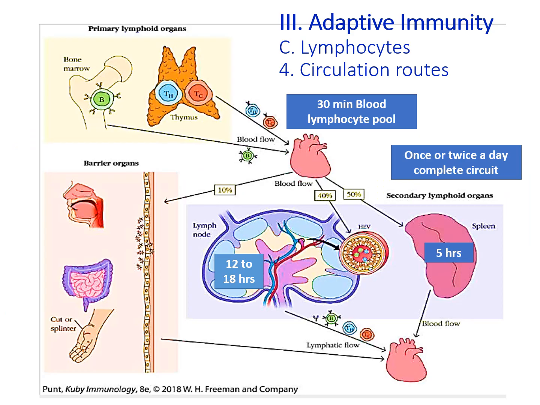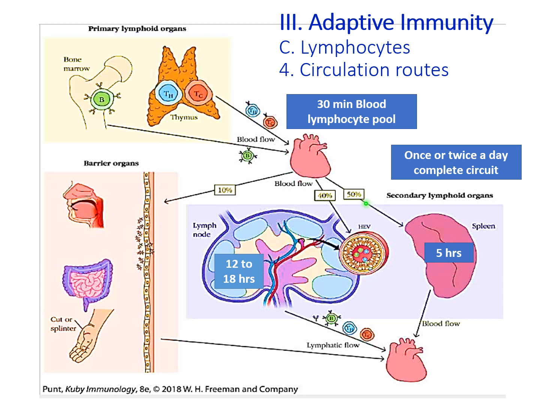Once mature, naive B and T cells enter the blood and distribute themselves throughout the body. After a brief transit time of around 30 minutes in the blood, around 40% of the mature naive lymphocytes produced by the thymus and bone marrow travel by blood directly to the spleen.